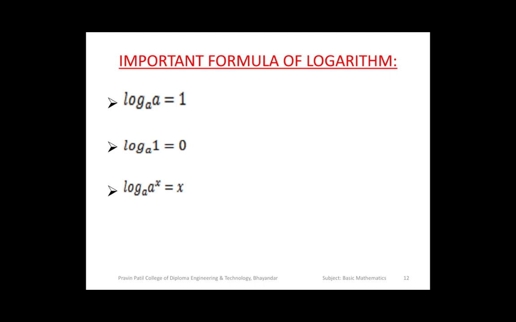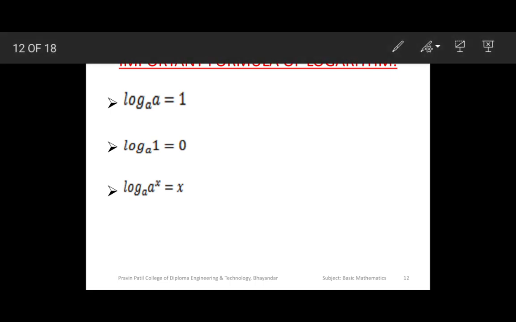If the value and base are exactly the same, then the answer is 1. Means log 7 to the base 7 is equal to 1. If the value and base are exactly the same, then the answer is 1.